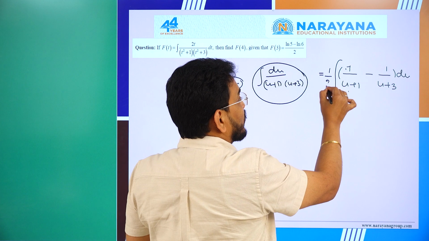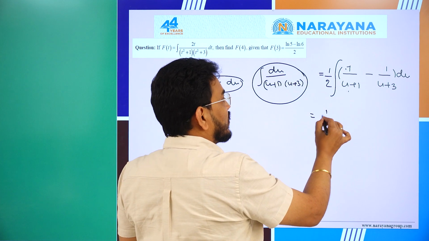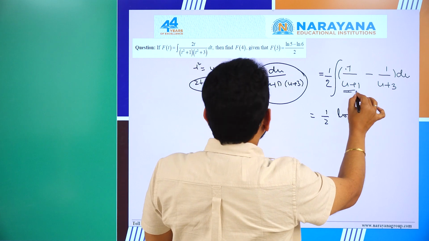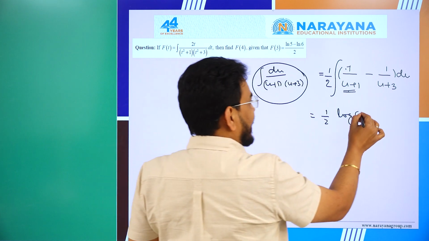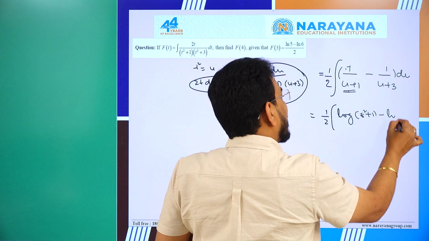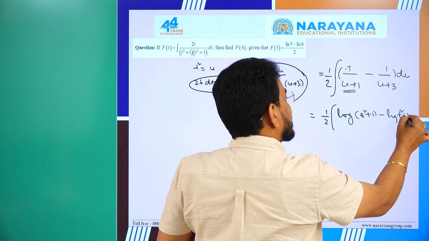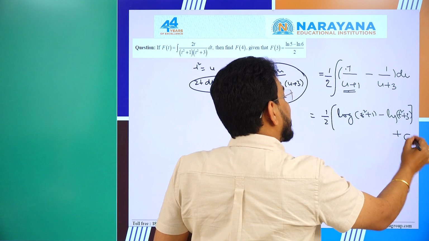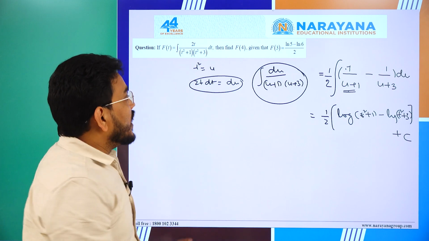So I will write 1 by 2. This is equal to 1 by 2 log of u. U is nothing but t square. So log of t square plus 1 minus log of t square plus 3, okay? And plus c.